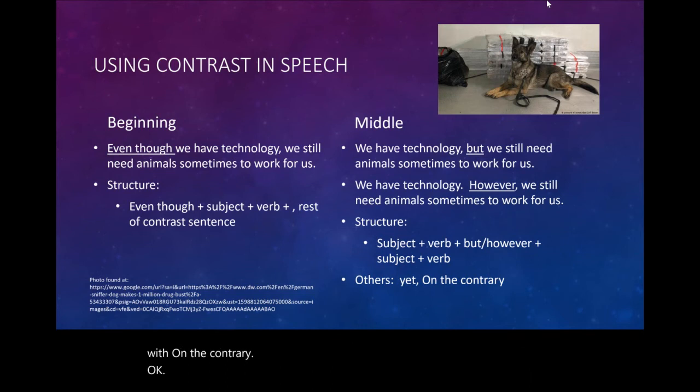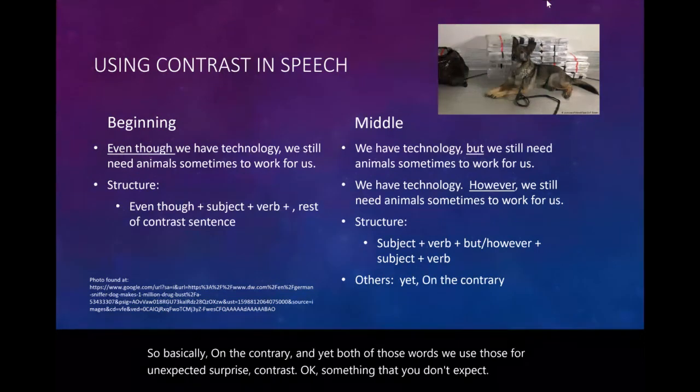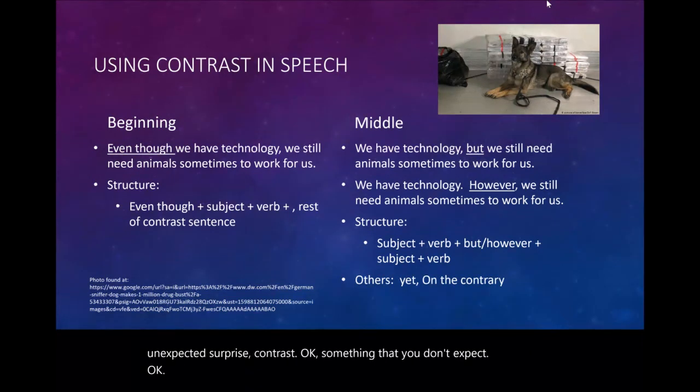So basically, on the contrary and yet, both of those words, we use those for unexpected surprise, contrast. Okay, something that you don't expect. Like, for example, another example. People think that in my neighborhood nobody has money.